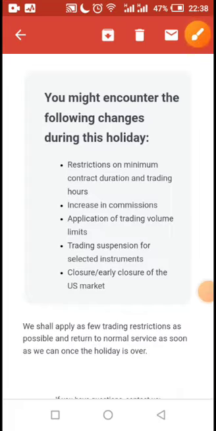Because they do not specify whether these changes will be for synthetic indices or just for financial instruments, it will be safer for you not to trade synthetic indices on these days. But if you do want to trade, if you are impatient, maybe you might just trade binary options, since they show you your expected payout before you open your trade.